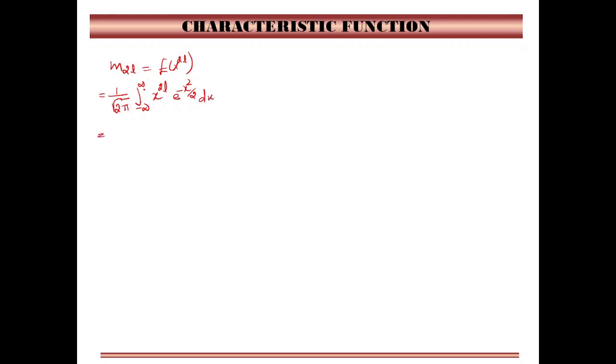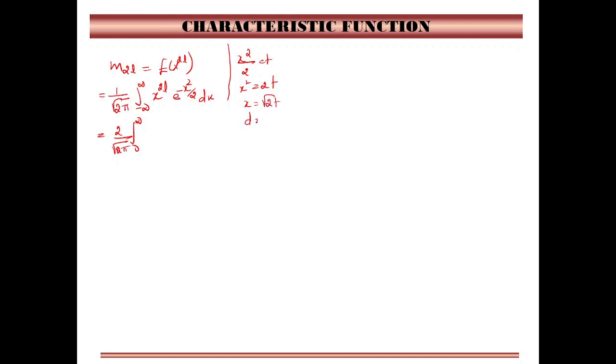And so I will change the limits of integration as 2 into 0 to infinity. Therefore, also take x squared by 2 is equal to t. So x squared is equal to 2t, x is equal to root 2t.